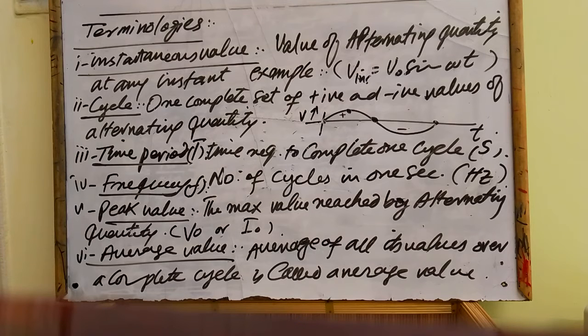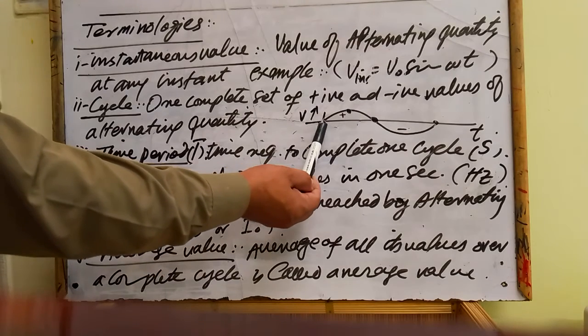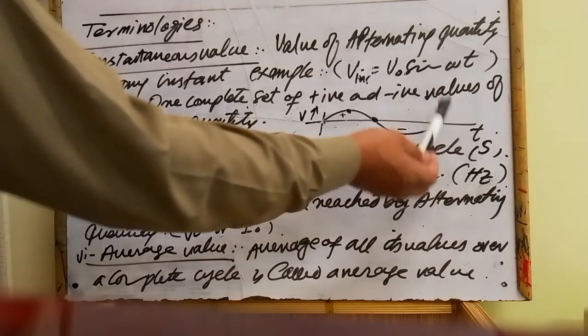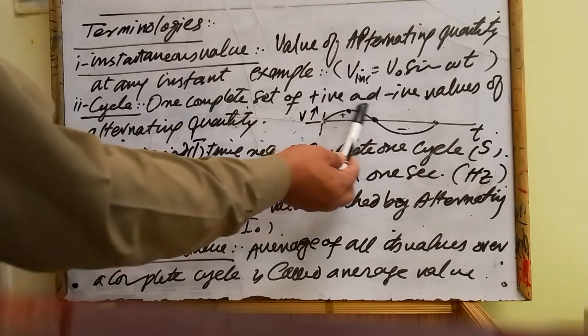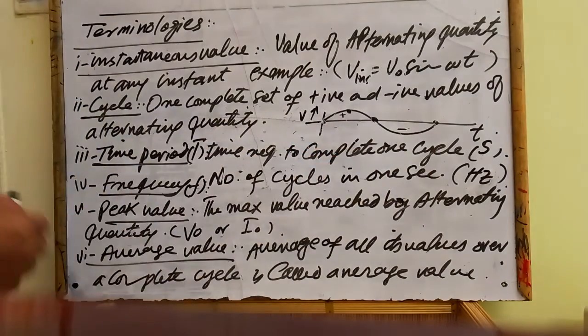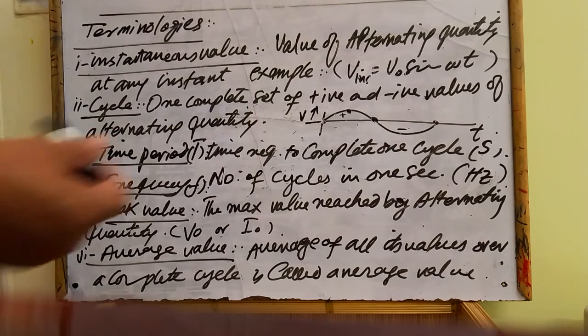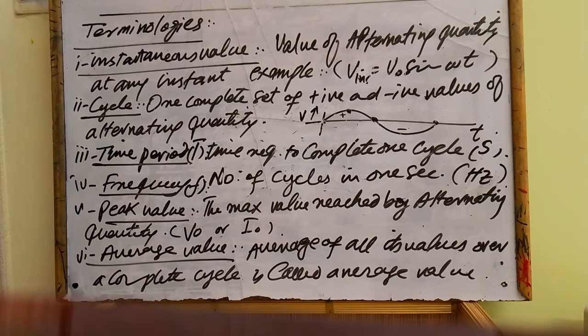So in alternating current or alternating voltage, initially 0, then positive maximum, then 0, then negative maximum, then again 0. So it is a complete set of variable values. Which value at which moment should be taken as the correct value for the alternating voltage, or similarly for the current? That's very difficult for us.